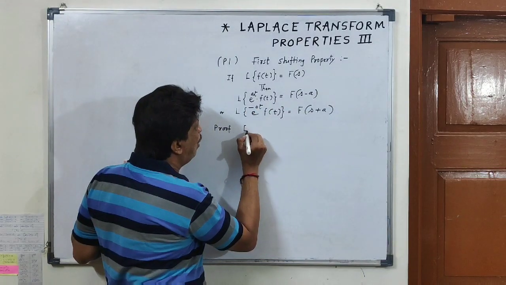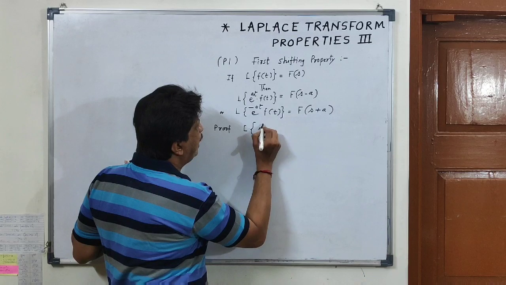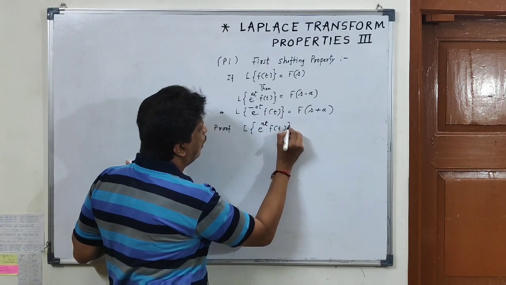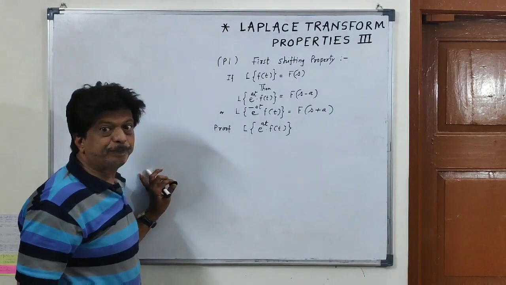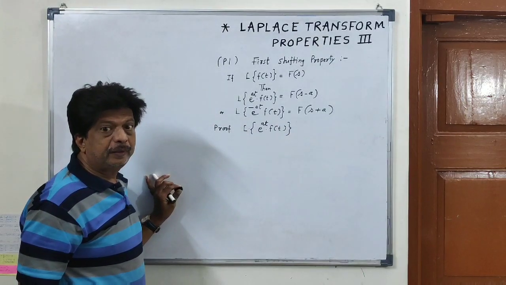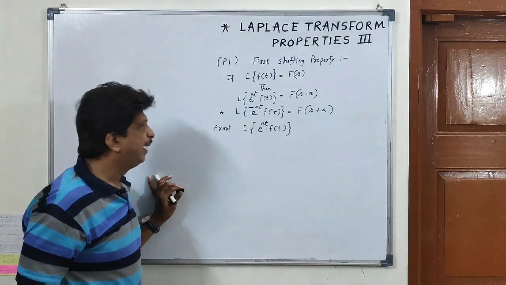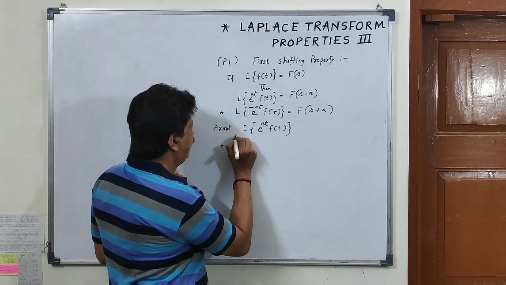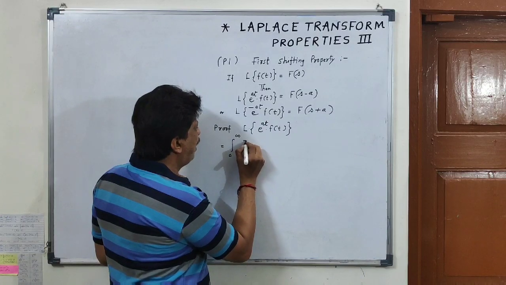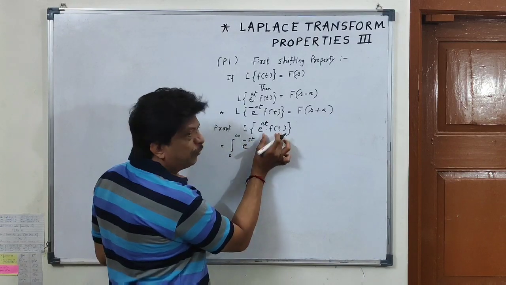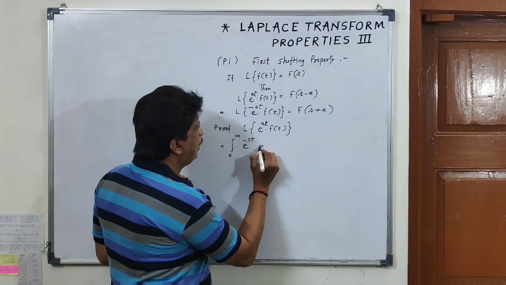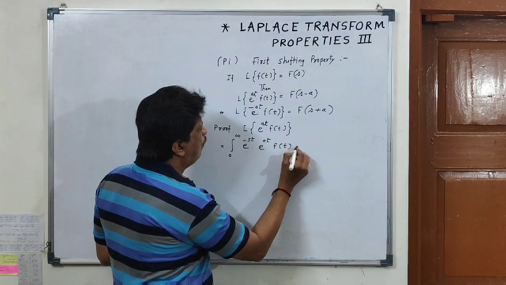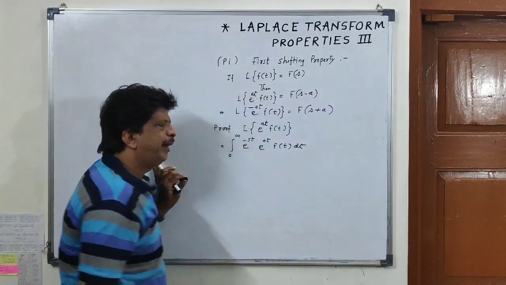Laplace transform of e raised to power at into f of t. What does it mean? It is equal to integral 0 to infinity e raised to power minus st into this function e raised to power at into f of t dt.